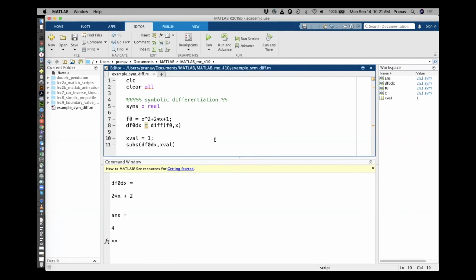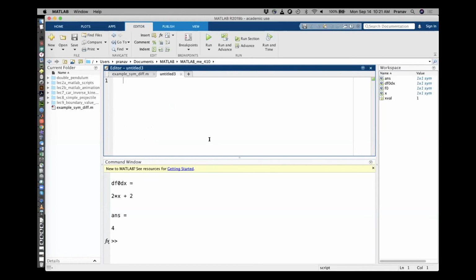Okay, so that's super easy to do with Matlab, the symbolic derivations. In fact, as we'll see later on, it can do very complex calculations too. Let's try to do the other part, which is using numerical differentiation to find the derivative of f0 at x equals 1.